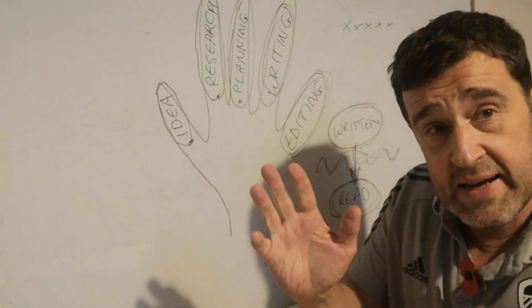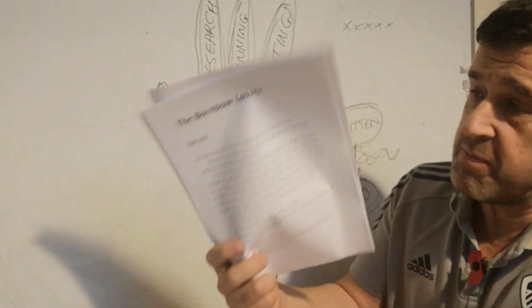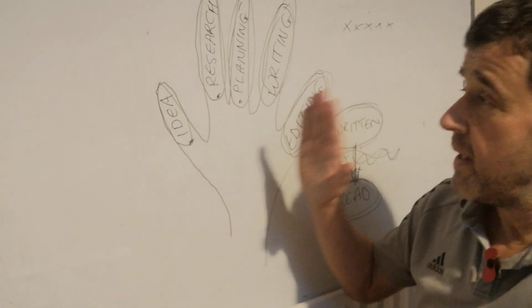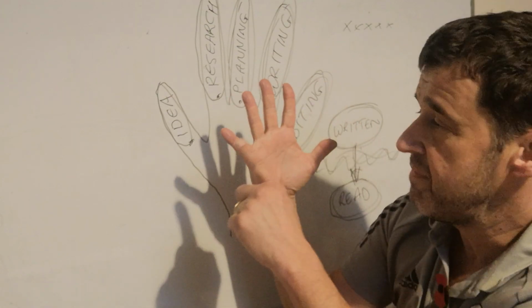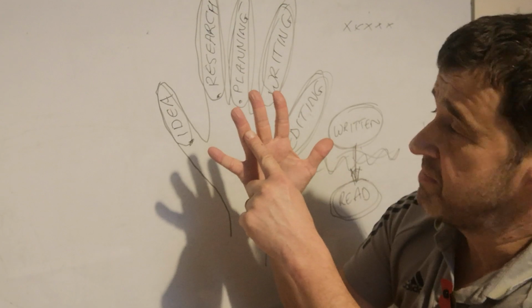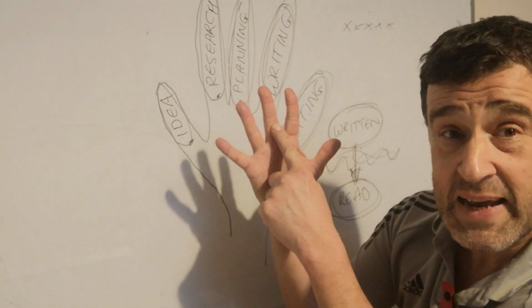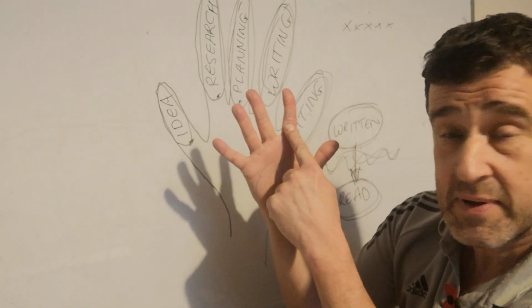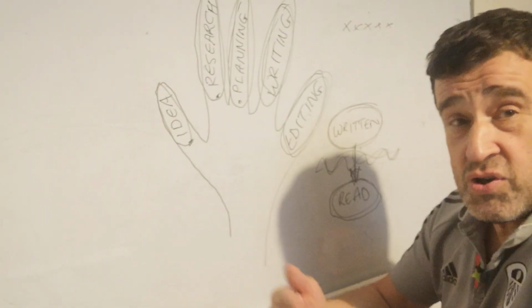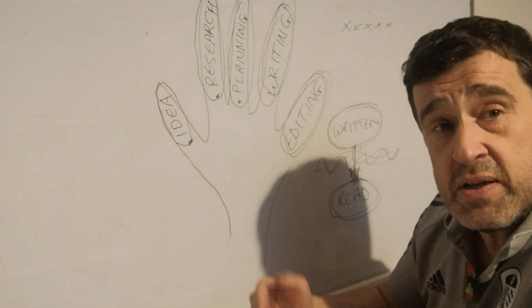So to summarise this explanation about how I wrote the Barnbow Lasses, I have an idea. Let's do it on this hand. I have my idea. I do my research. I do my planning, I write it, and then I edit it. And remember, writing isn't just actually sitting down writing the words of your story.